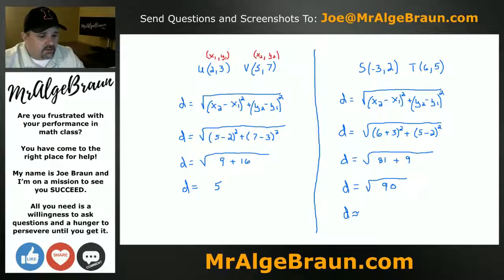To find the square root, you're going to need either a calculator or a table. You're going to look up the square root of 90, and I already punched that in here. So it looks like 9.48. If I'm rounding to the nearest tenth, I'd round the 8 up. And so I would get about 9.5 as my final answer. Again, we use an equal sign when it is equal. If we round, we're going to use the about symbol, so a wavy equal sign.